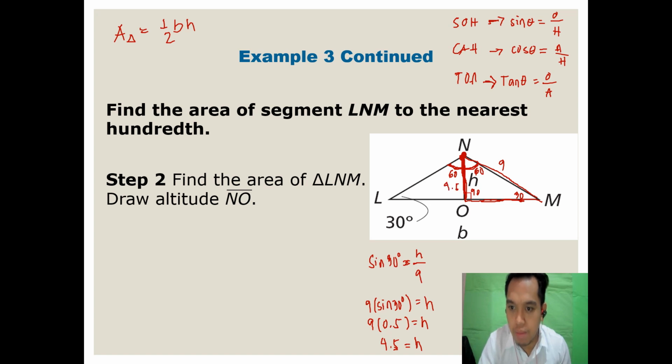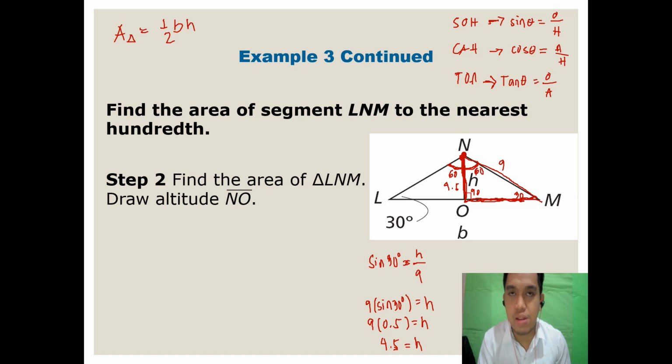Next naman is itong ating base, itong kalahati ng triangle natin. So itong base ng ating right triangle. To find the base of the right triangle, applyan pa din natin ito ng ating trigonometric identities. So gamitin natin si 60 degrees.